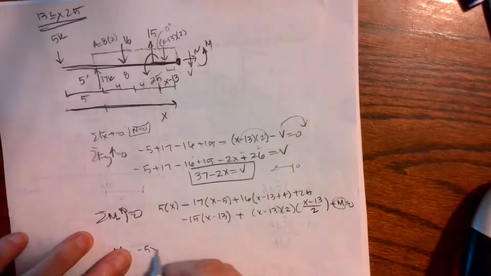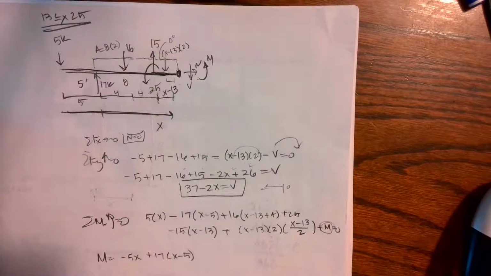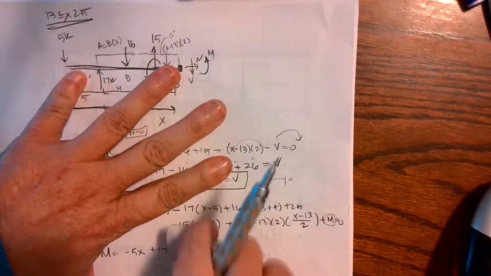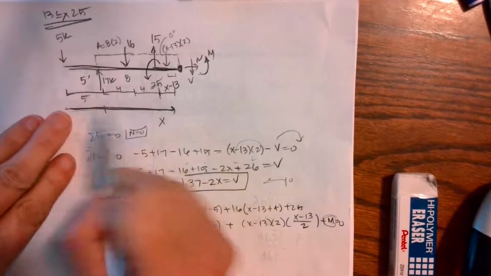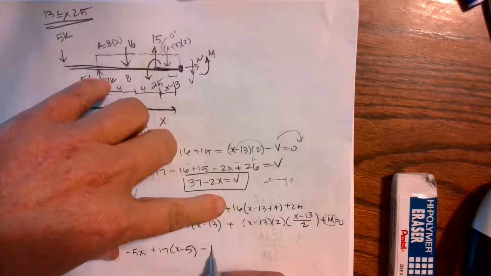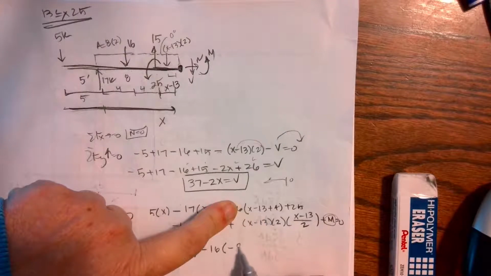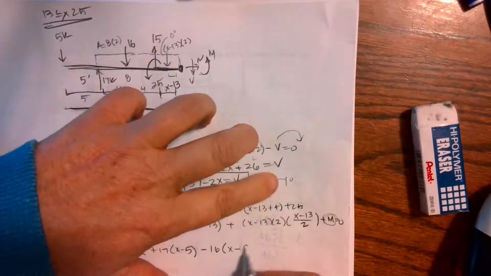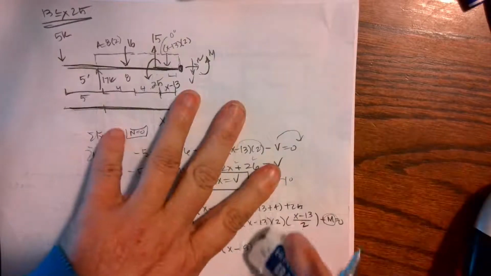So I have negative 5x plus 17 times x minus 5, plus minus 16 times x minus 13 plus 4, so minus 9, x minus 9 plus 25. We're changing signs on everything, aren't we?